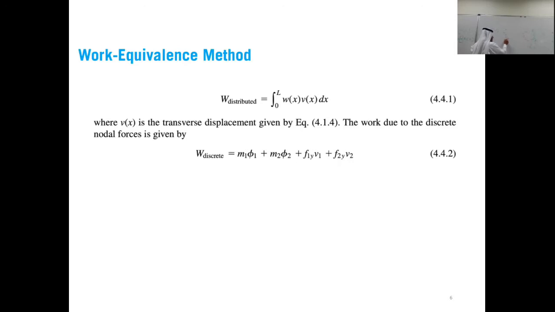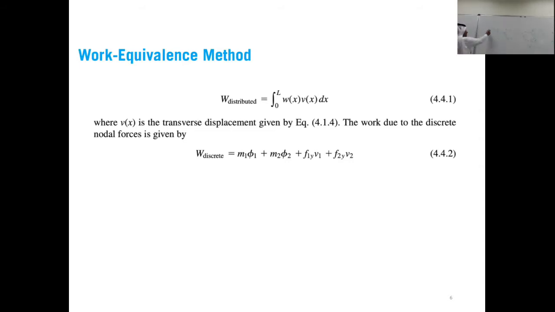What's the displacement we call it? We call it V1, Phi1, V2, Phi2. What would be the work done when it is concentrated? You just multiply this times that, this times that, this times this, and this times that. That's it. This is the work done by the equivalent nodal forces.